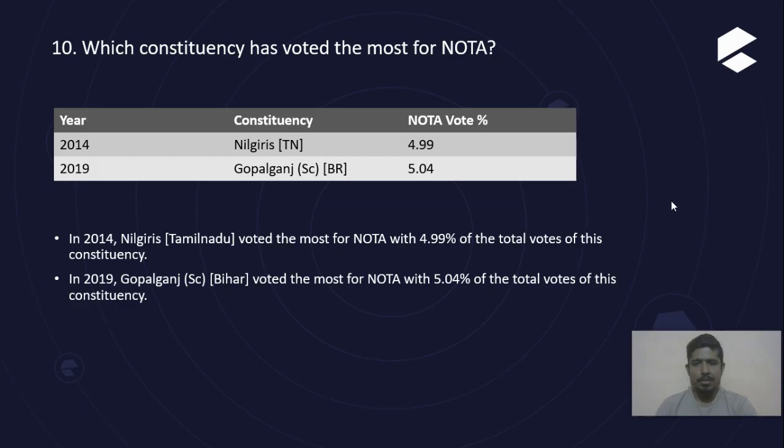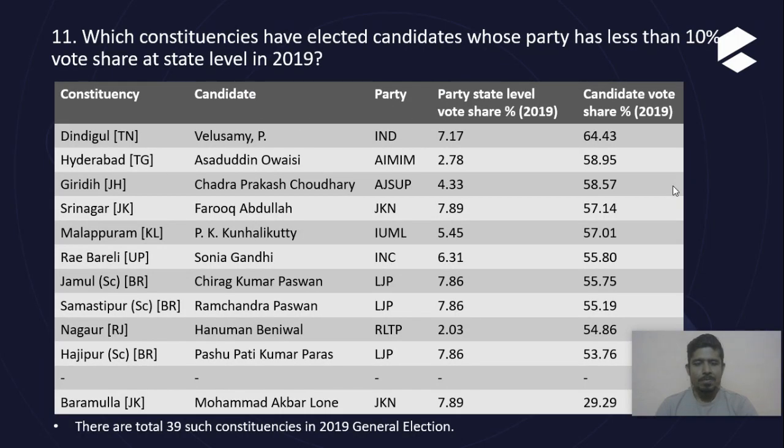The very last query of this primary analysis is which constituencies have elected candidates whose party has less than 10% vote share at state level in 2019. So there are a total of 39 such constituencies in the 2019 general election that elected candidates whose party has less than 10% vote share at state level.